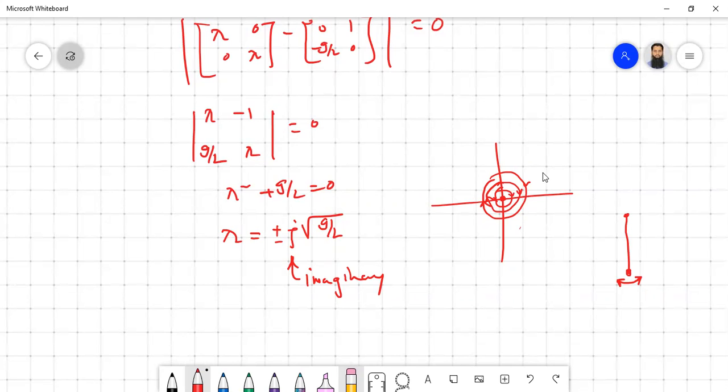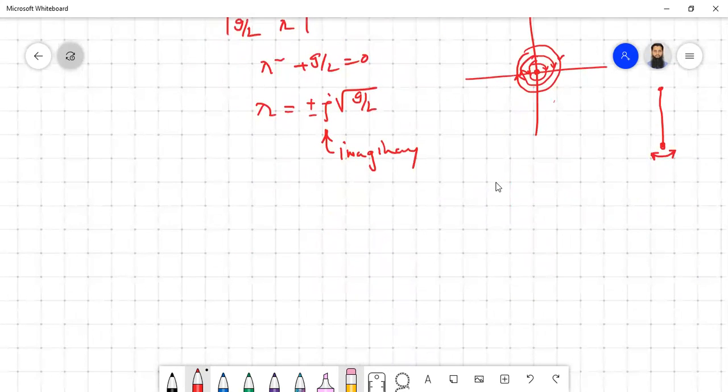So let's focus on the next critical point, that is theta c equal to plus pi and phi c equal to 0. Let us consider this one.